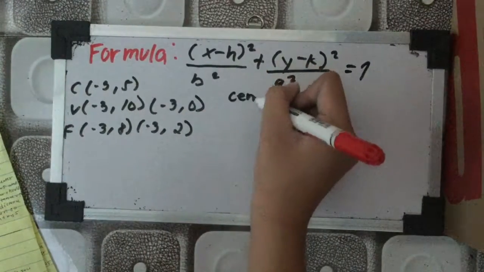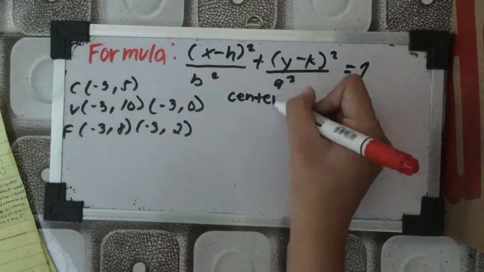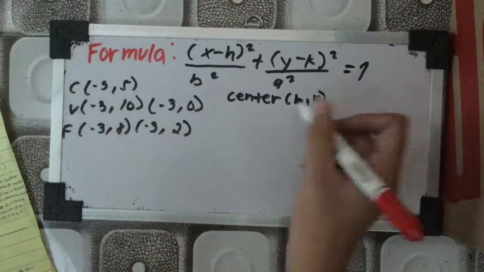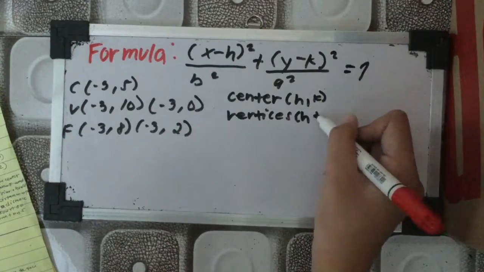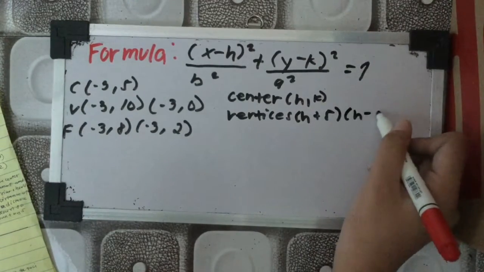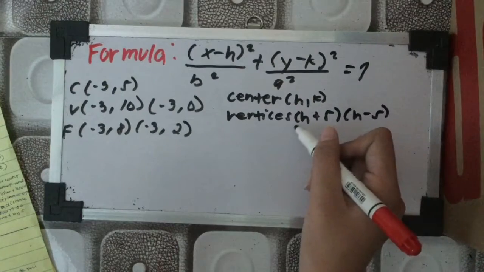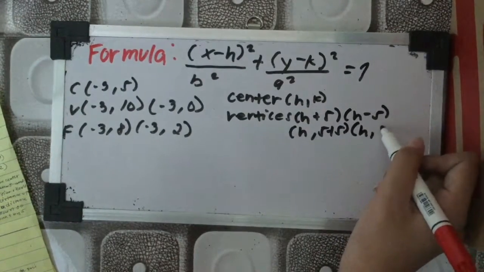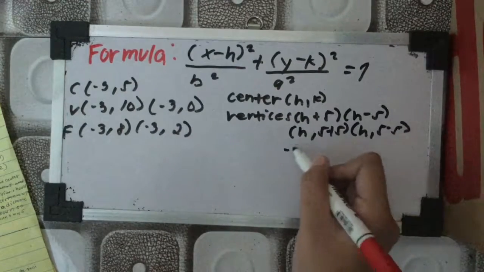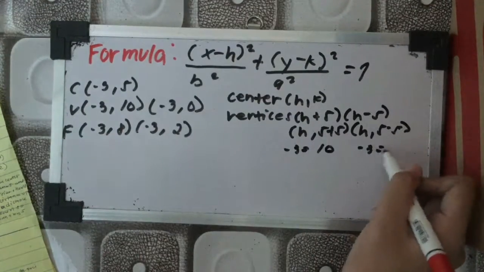So since the value of h is negative 3 and the value of k is 5, the center will be at negative 3 and positive 5. So h is equal to negative 3 and k is 5. The value of a, which is 5, added to k gives 10. So the coordinates of the vertices are (negative 3, 10).